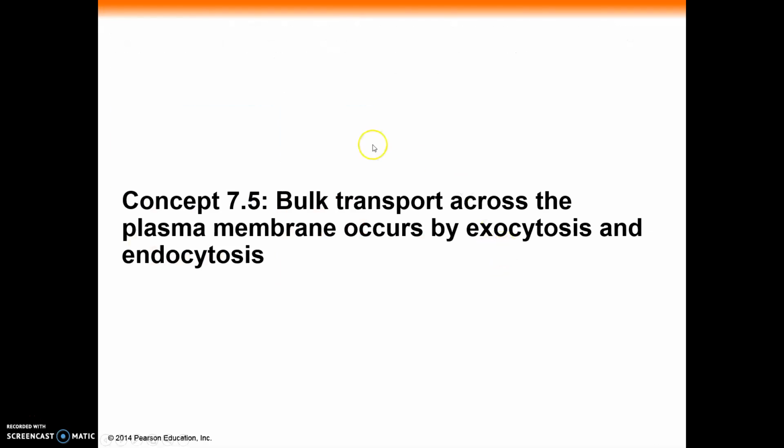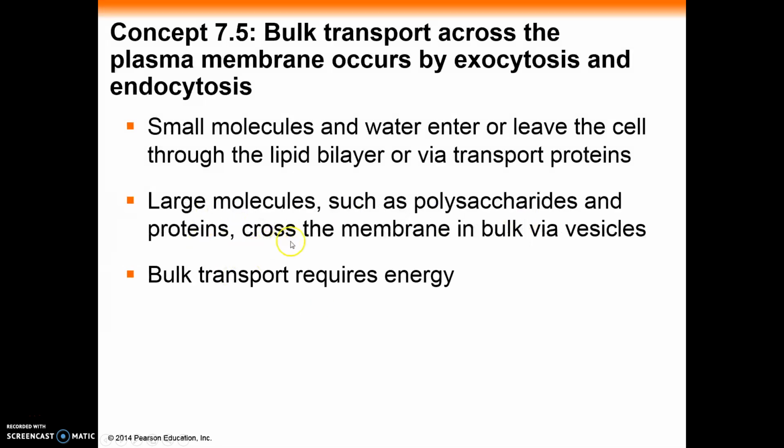Now, sometimes we need to move more material than just a single molecule at a time. So concept 7.5, bulk transport across the plasma membrane, occurs by these processes called exocytosis and endocytosis. So recognize that these small molecules in water can be actively pumped or moved and transported by these proteins.